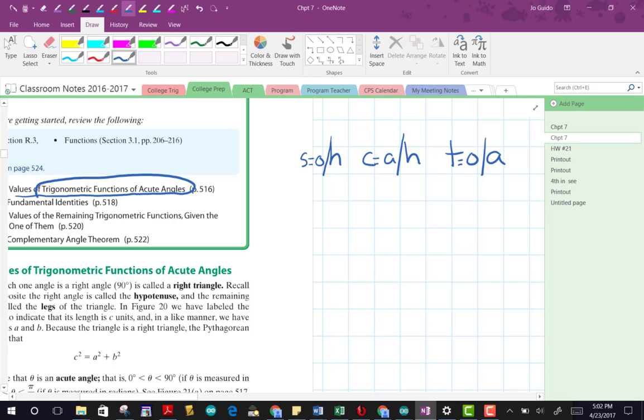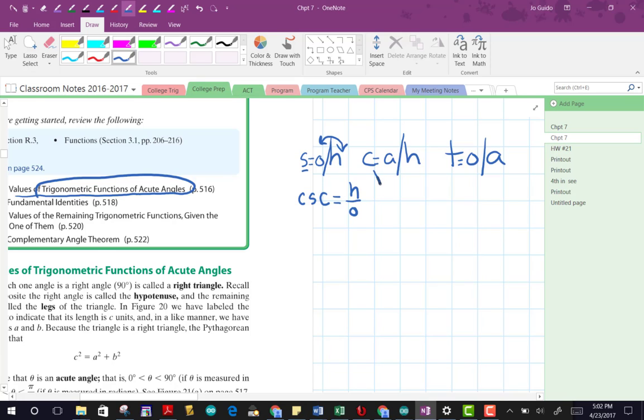And then remember that the other three kind of are the opposite of these three. And so remember we talked about secant starts with S, and its reciprocal function, which is cosecant, starts with a C. Cosecant is equal to hypotenuse over opposite because it is secant flipped upside down.